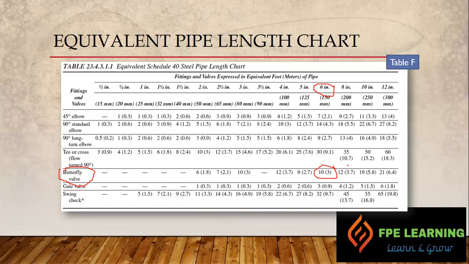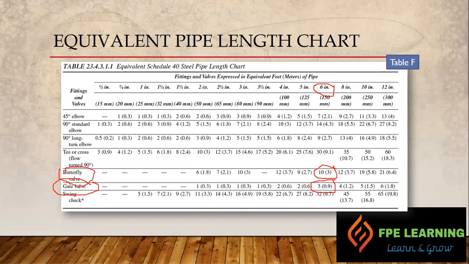And if you are taking the gate valve for the 6-inch size, we have an equivalent pipe length of only 1 meter. So now compare these two values, butterfly valve and gate valve. The equivalent length of pipe for the gate valve and the butterfly valve of 6-inch is different. The butterfly valve is three times higher than the gate valve.